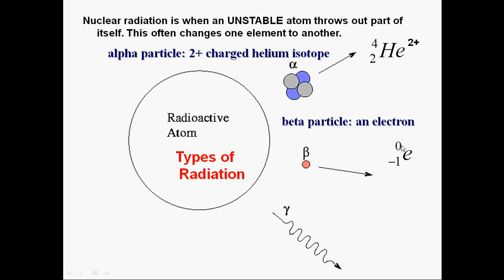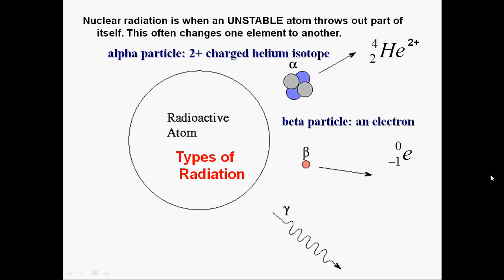Either one's fine. Electrons, if you recall, are very small, so we say that the mass is essentially 0, and it doesn't have any protons, but it's got a charge of -1. So in the place of atomic number, we actually put a -1 to represent the charge of -1 on a beta particle. So that's another thing that an atom can spit out of itself.